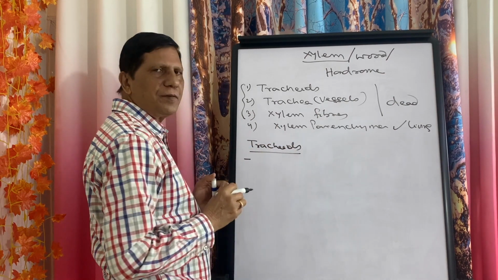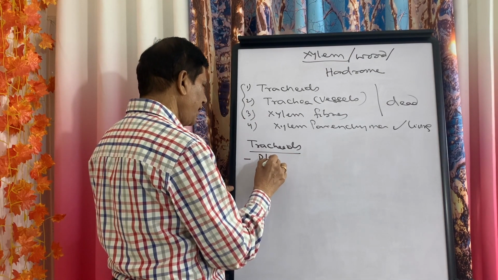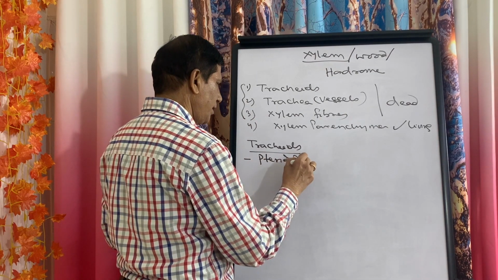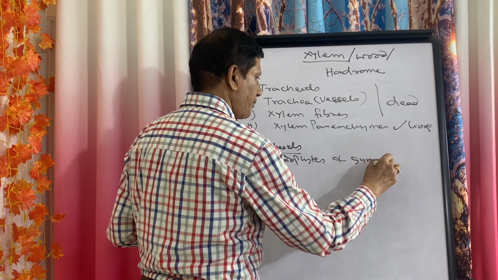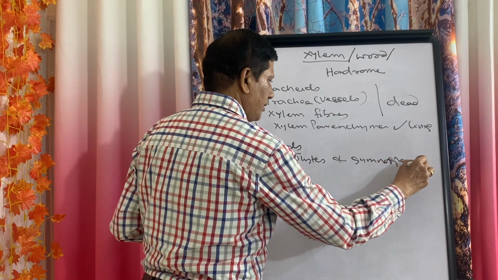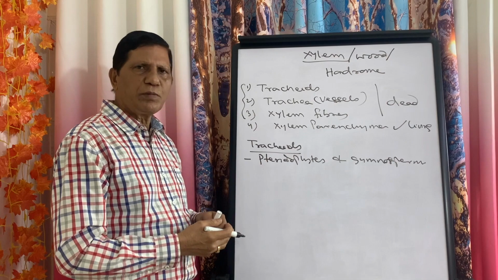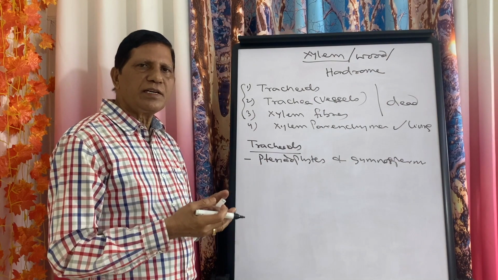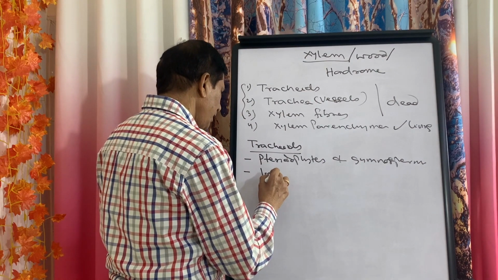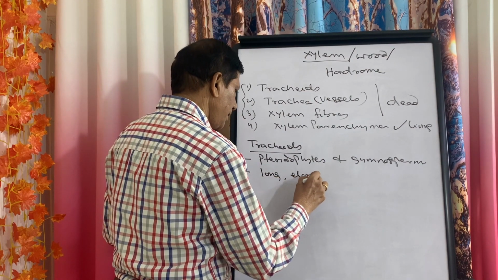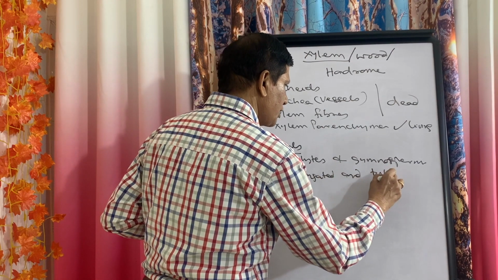Tracheids are present mostly in pteridophytes and gymnosperms. This is the major constituent of xylem in pteridophytes and gymnosperms, while only 5% is present in angiosperms. Now these are long, elongated and tubular cells.